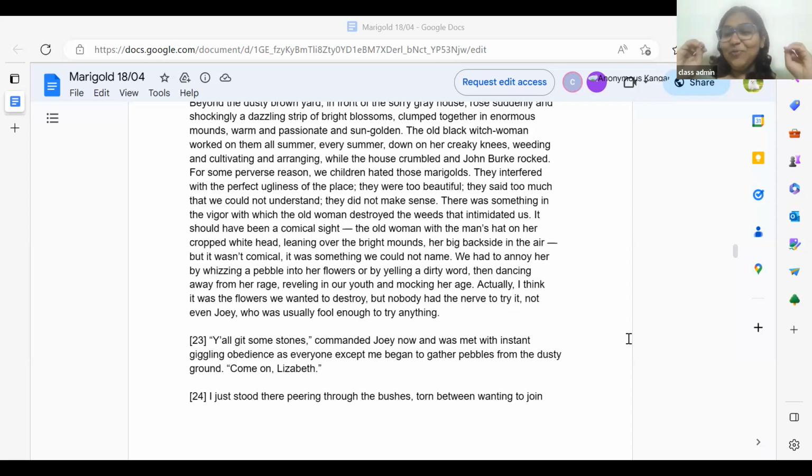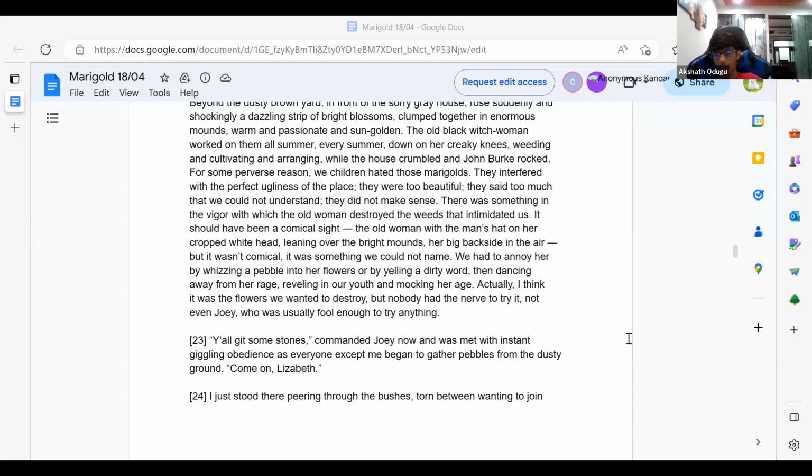Well said. So poverty is definitely one thing, and that is being described as ugliness, right? Now, how is this garden of marigolds not fitting in? It doesn't fit with the aesthetic.